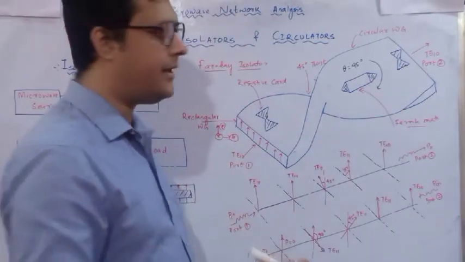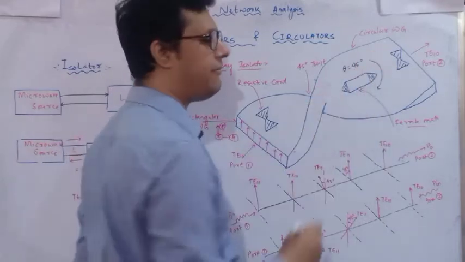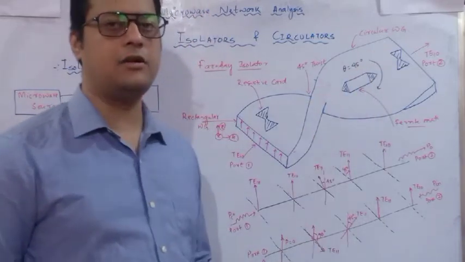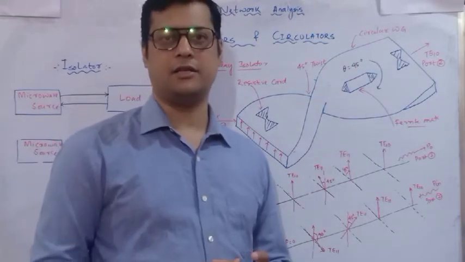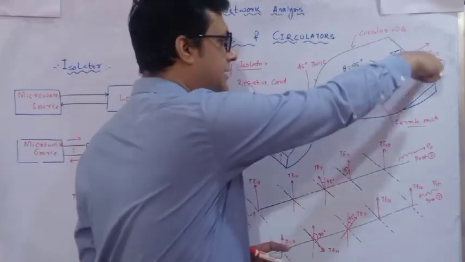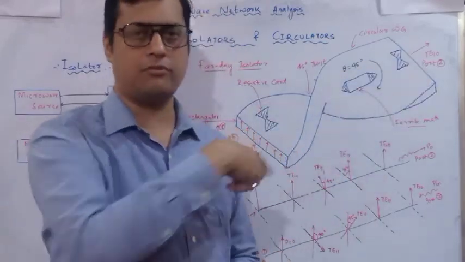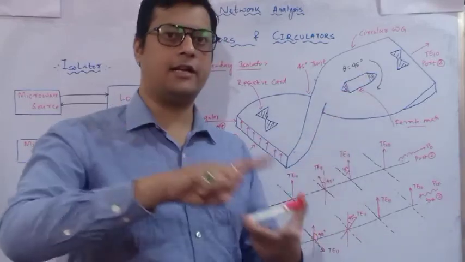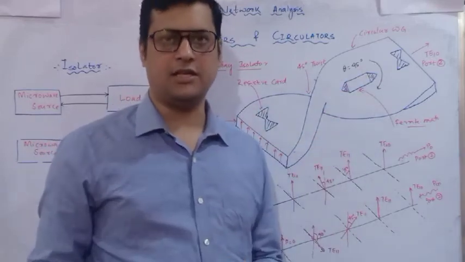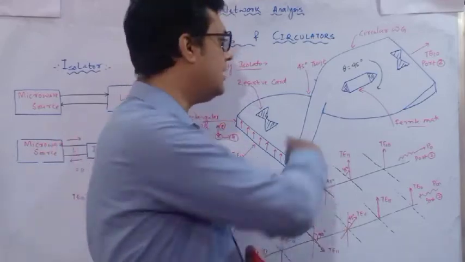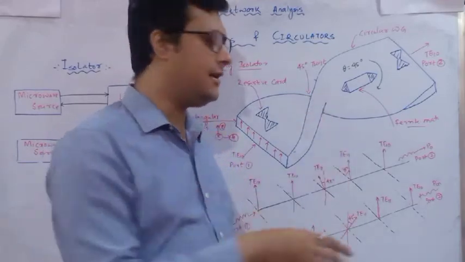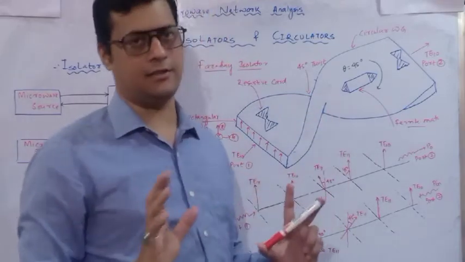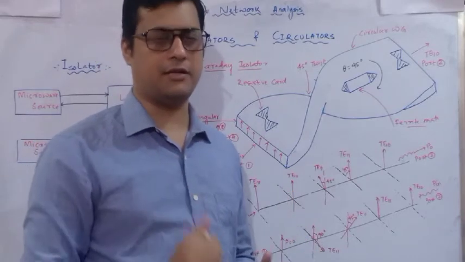Remember that: Faraday rotation for an angle of 45 degree. And it is a good absorber of magnetic field. The magnetic field which is returned back from port 2 to port 1, it will absorb, and due to this rotation the electric field changes its position and is absorbed by the component, and as a result the output at port 1 is 0. How it will work, I will discuss.